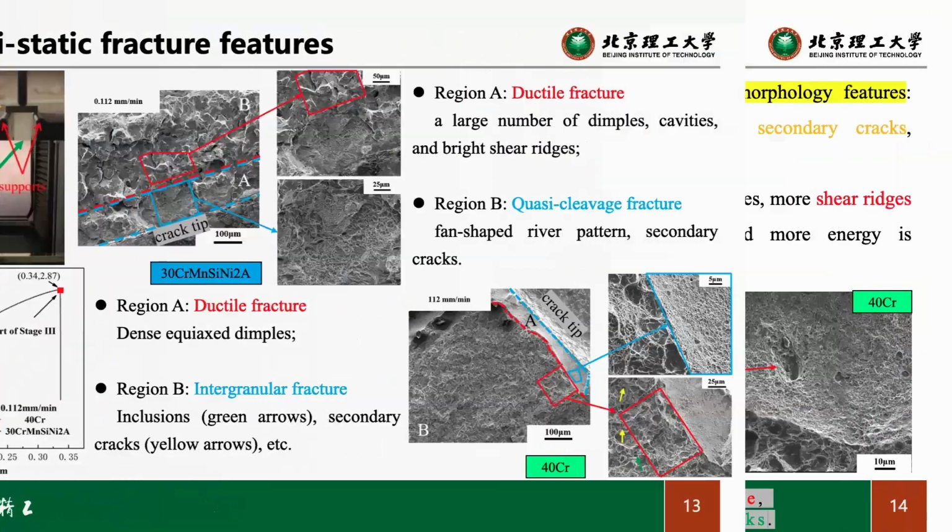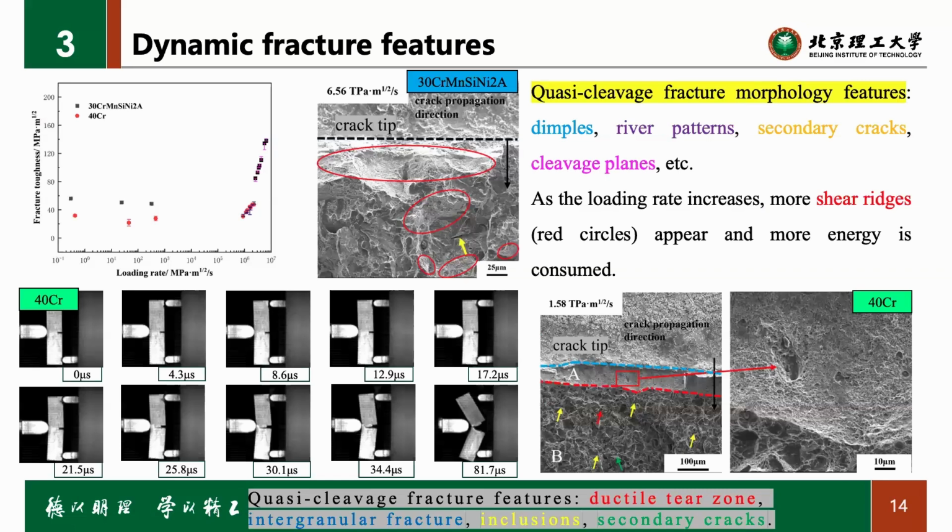And this picture shows that over a wide loading rate range, the fracture toughness of the two steels has a positive relationship with the loading rate. And using the scanning electron microscopic technique, we can analyze the failure mechanisms.